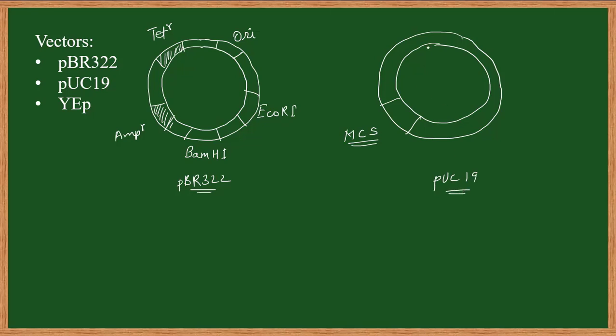Second, same as before, there is one ORI. The selectable marker AmpR means ampicillin resistance gene.